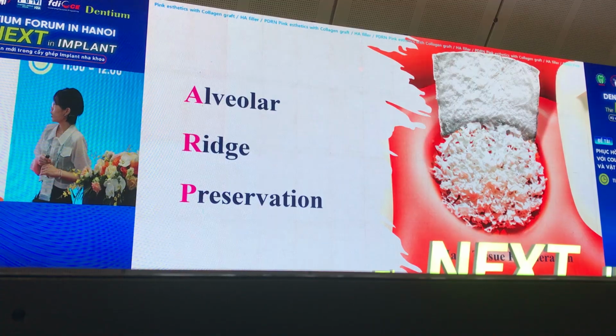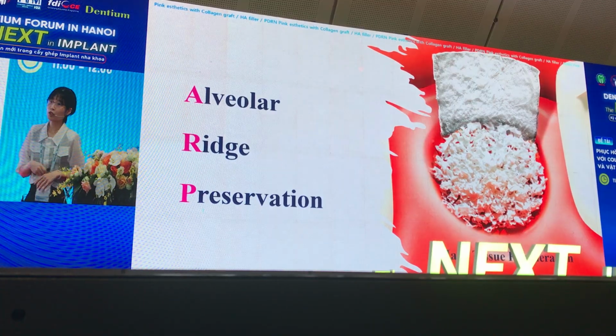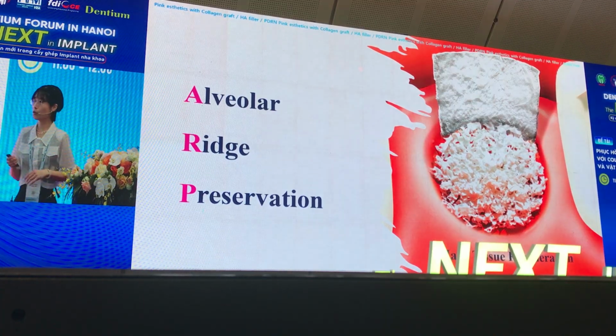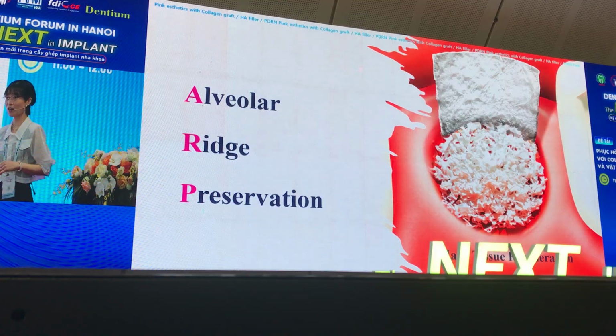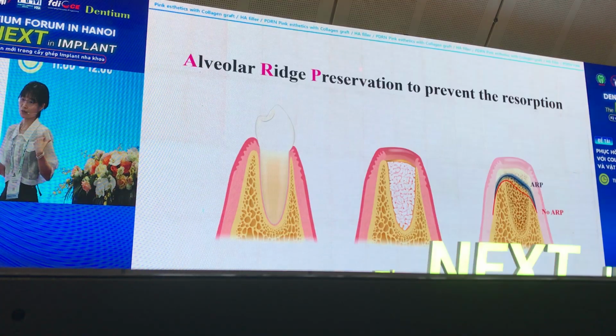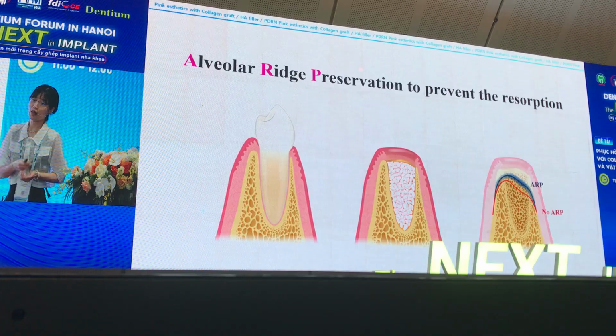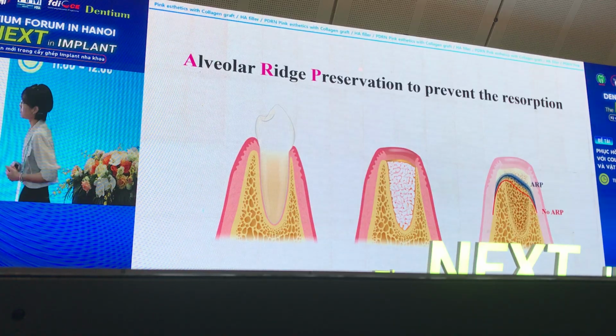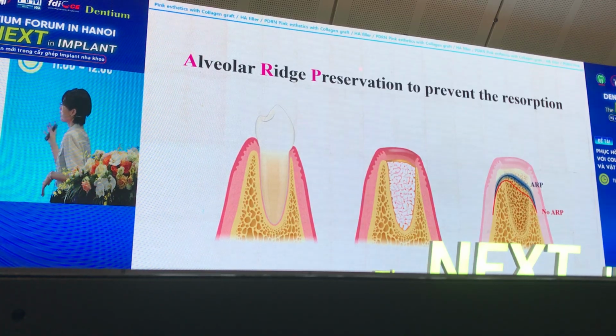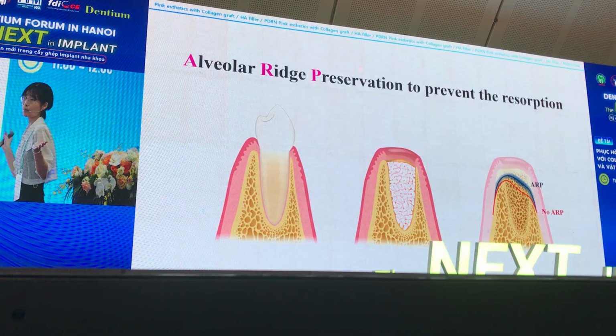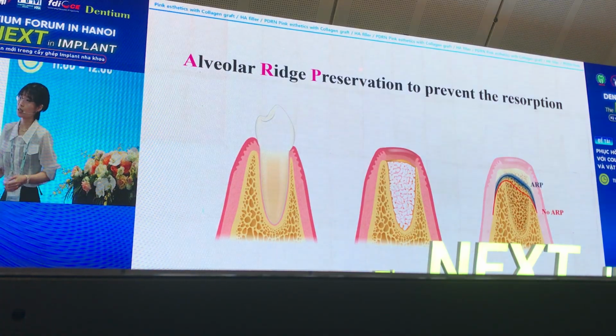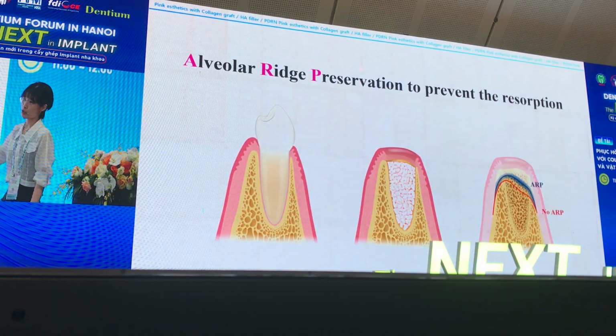And next is alveolar ridge preservation. We usually do the ARP. I usually do ARP because ARP can prevent ridge reduction. It is very well known that after tooth extraction, the alveolar bone is resorbed.